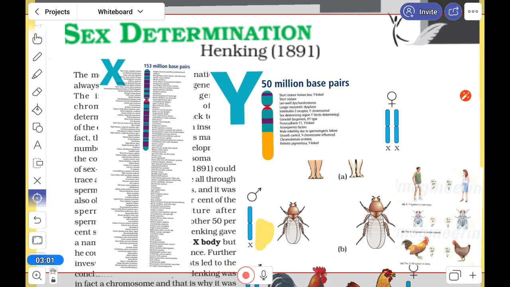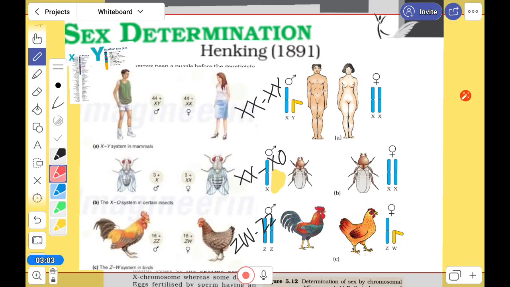Next, sex determination is basically of 3 types. The first one is XX-XY, that we know already. XX is found in female and XY in male. Look here, the 44 are autosomes, found in both, and the sex chromosome is different.